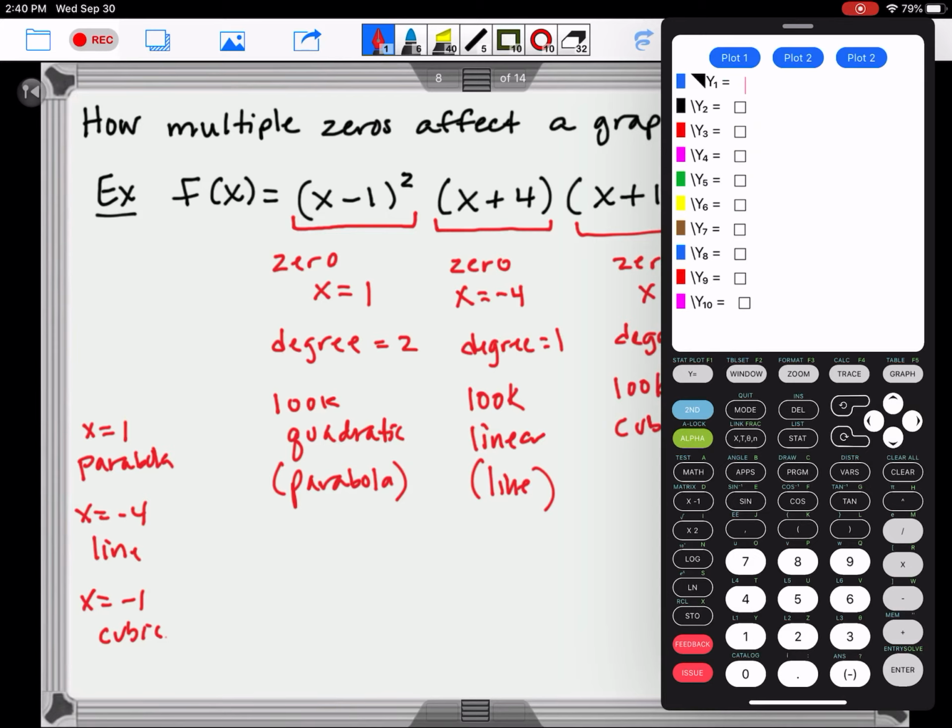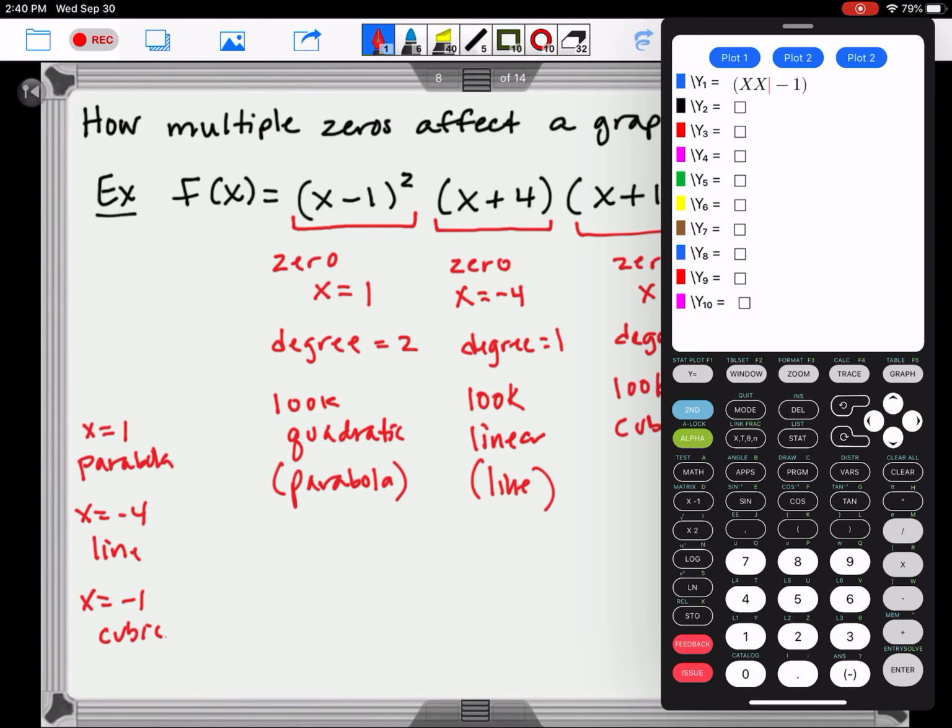And I need to go here to the left. And let me just get to the line there. Okay, so let's enter the function. So I've got parentheses, x minus 1.